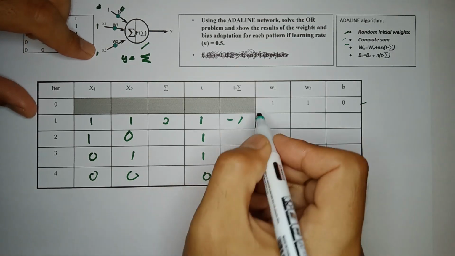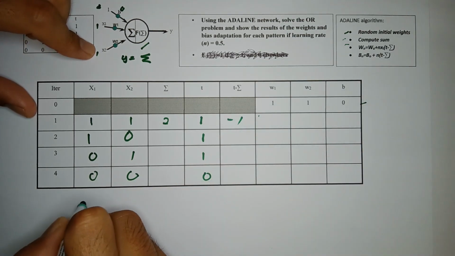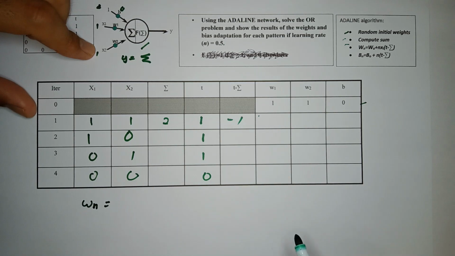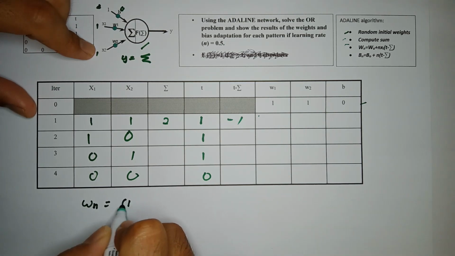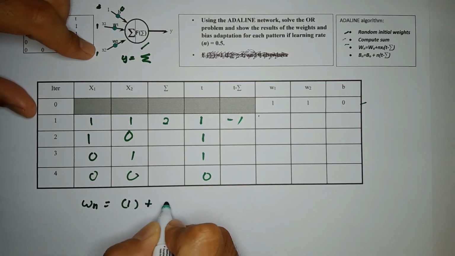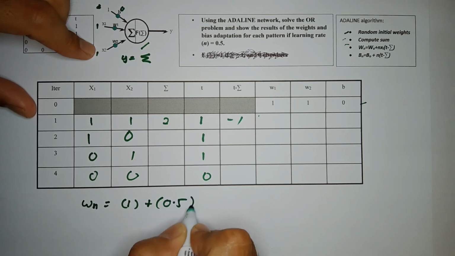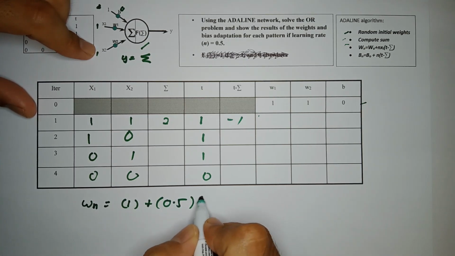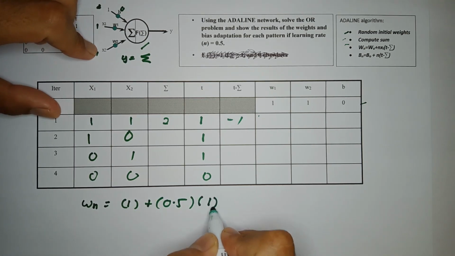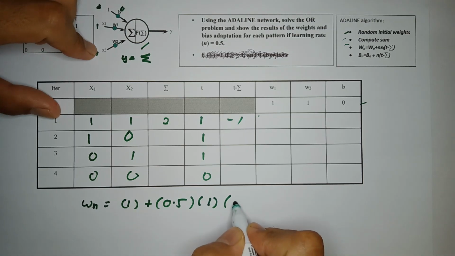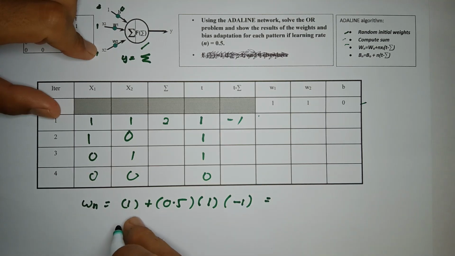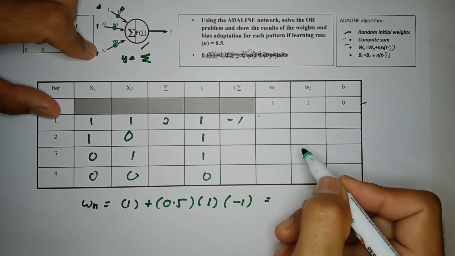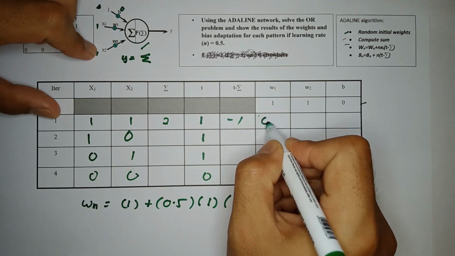For this part, W old is equal to 1, n is 0.5, x is equal to 1, and t minus y is equal to -1. So in this particular case, the value will be 1 minus 0.5, which is equal to 0.5.